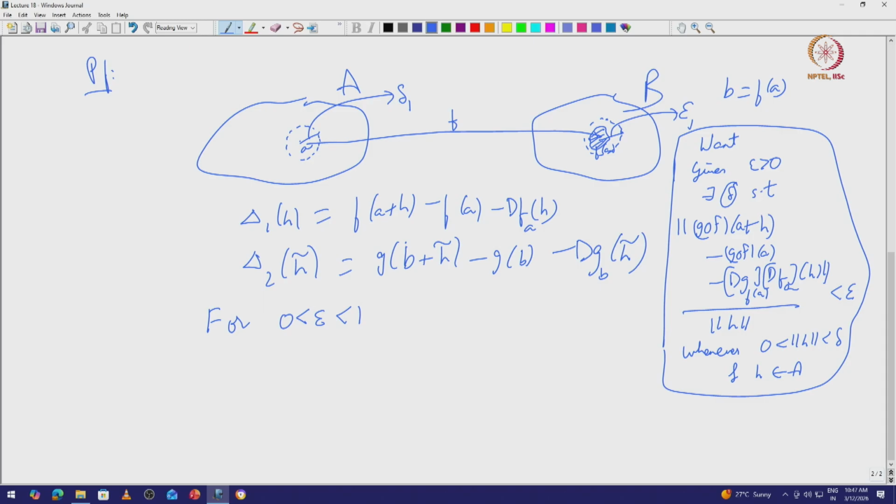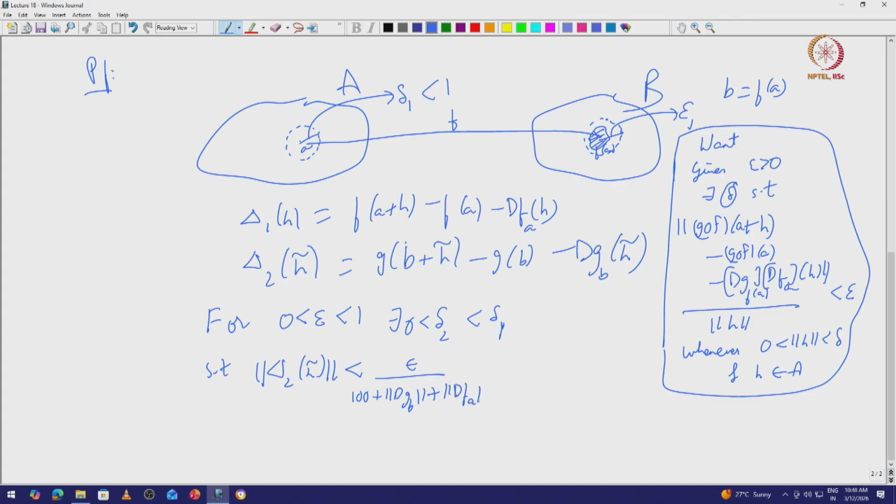Now, by definition of differentiability, there exists a delta 2 which we can assume to be less than delta 1, which is further less than 1, such that the error of h tilde is less than something times norm h tilde. Last time we wrote down what that something was, but this is an overkill.